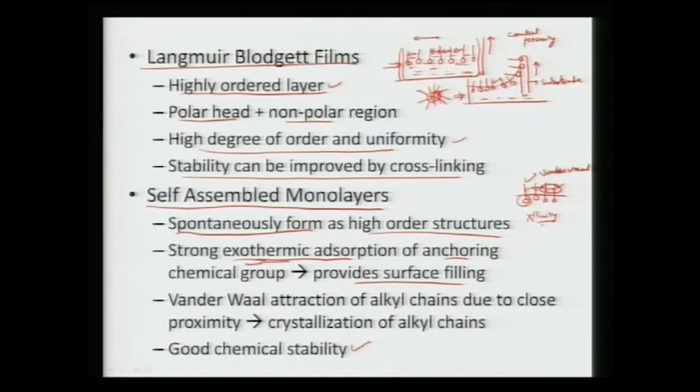Secondly, the chains themselves can have some sort of van der Waals attraction between alkyl chains, and that brings them into much closer proximity and induces the crystallinity of the alkyl chains. Once they have a good interaction between them, they can organize in a very nice fashion, and it will lead to the crystallization of the alkyl chains, and in the process give very good chemical stability, both because of chemical bonding and secondly because of the van der Waals attraction force which is predominant between the alkyl chains.